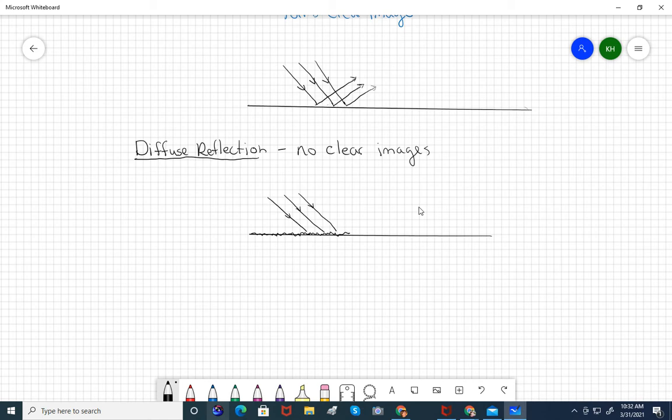It may feel pretty smooth, but it's not. And as a result, they don't all bounce off in that predictable, definite angle. This one may be going off like this, but this one may go off like that, and this one may go off like that. You don't form a clear image. So when you look at your bedroom wall, you don't see a reflection of your face, even though light is reflecting off the wall. It's just not going to form that type of image.